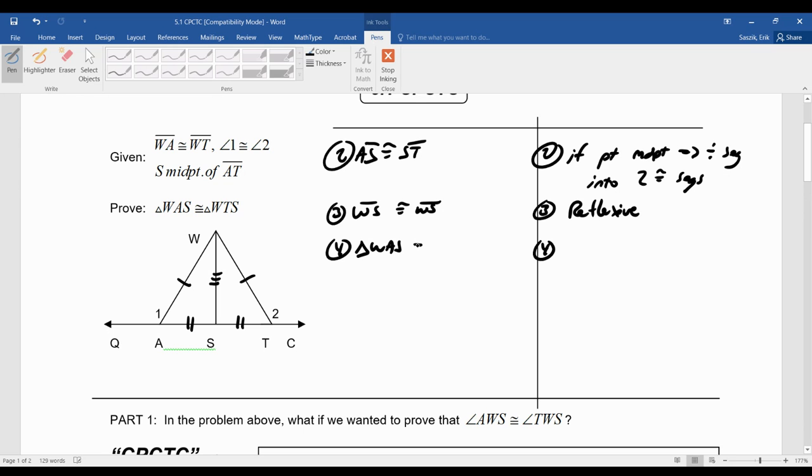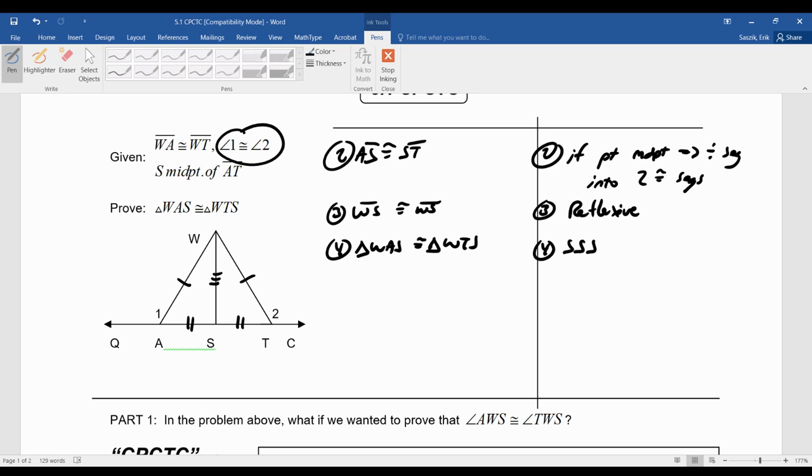The reason why I wanted to talk about it was we didn't end up using this information. And occasionally you'll have that happen. I think in this problem, it was actually a mistake that whoever originally came up with this problem probably either forgot that the reflexive was possible and you could do it with SSS, or didn't mean to include that in the given.